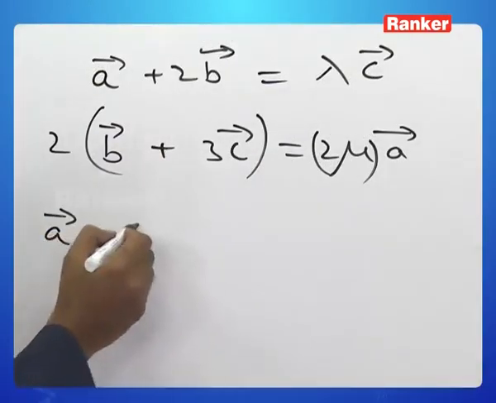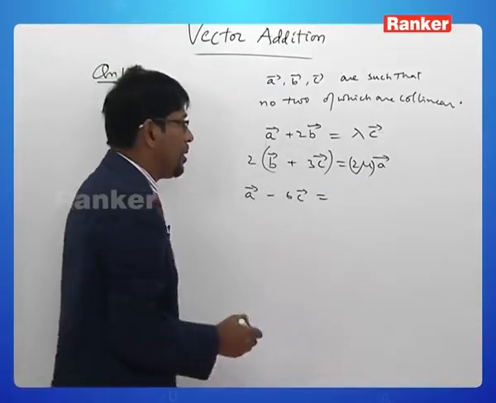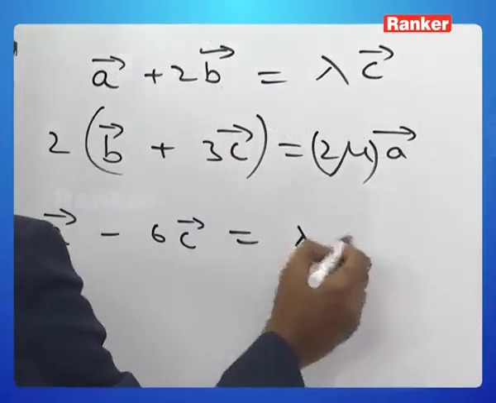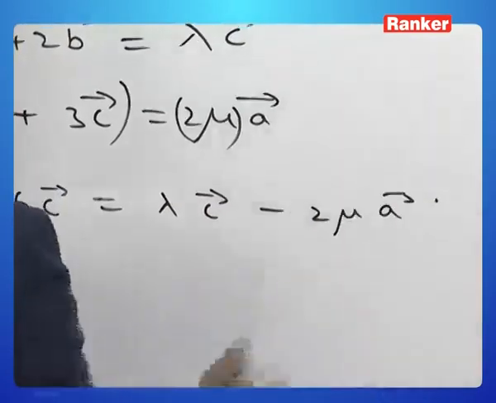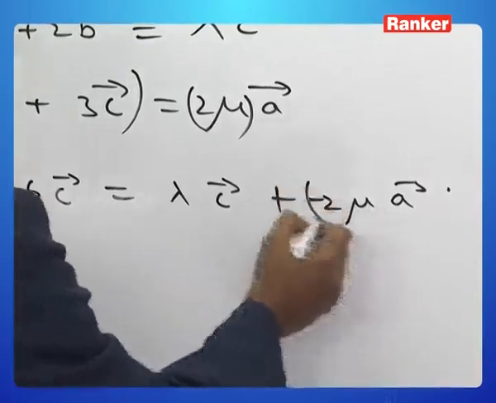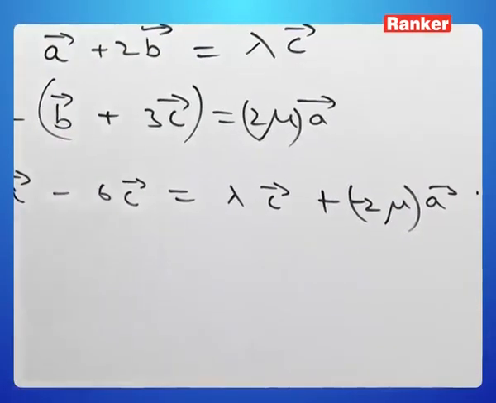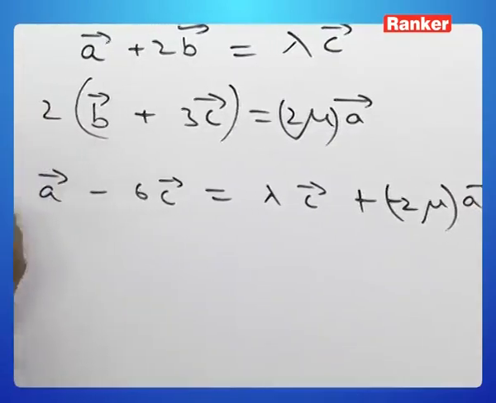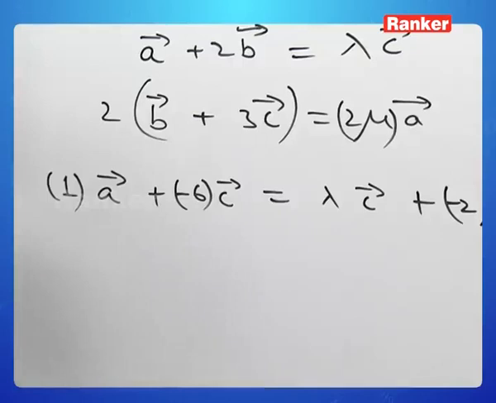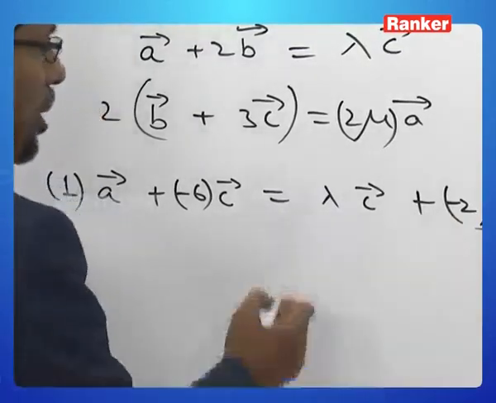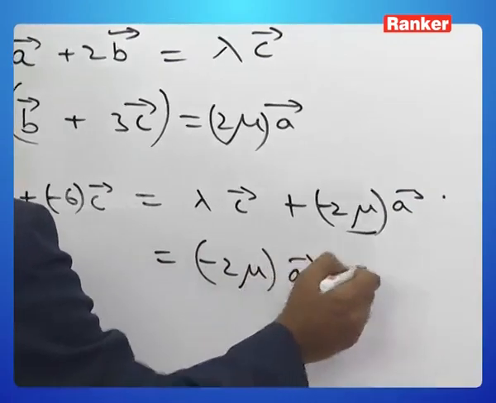What do we get? A bar minus 6C bar is equal to lambda C bar minus 2 mu times A bar. Now clearly we observe that we have 1 into A bar plus minus 6 into C bar and minus 2 mu into A bar, I will rewrite it this way, plus lambda times C bar.